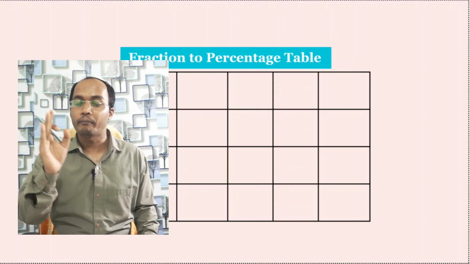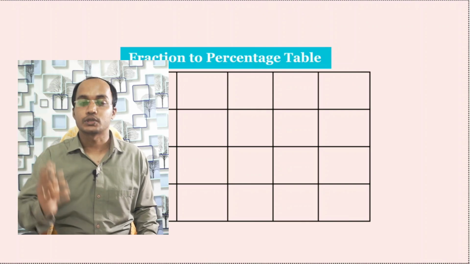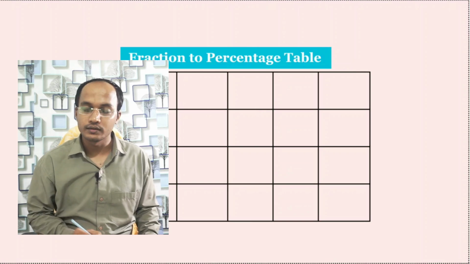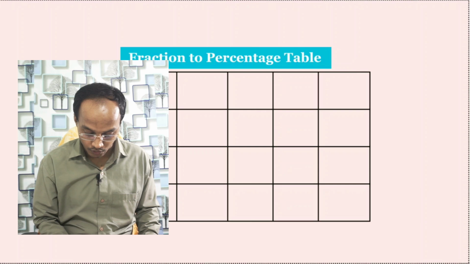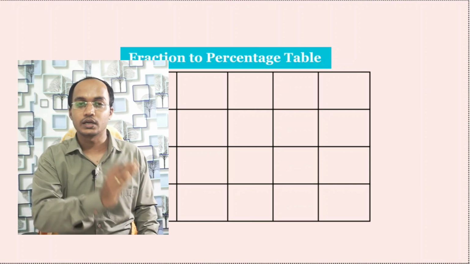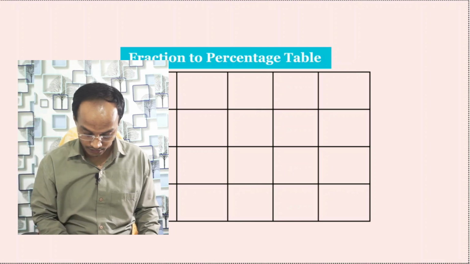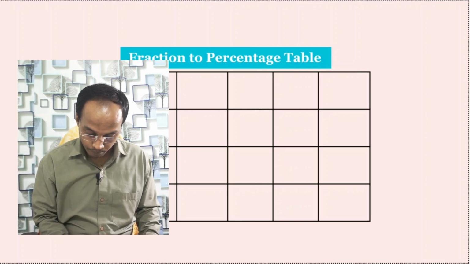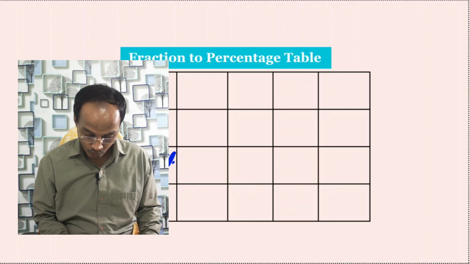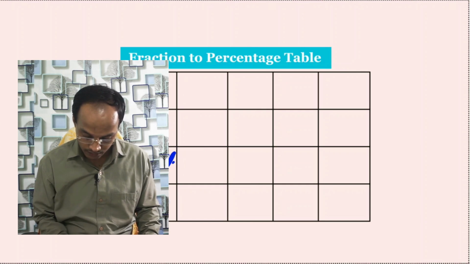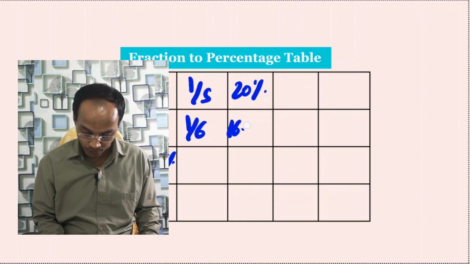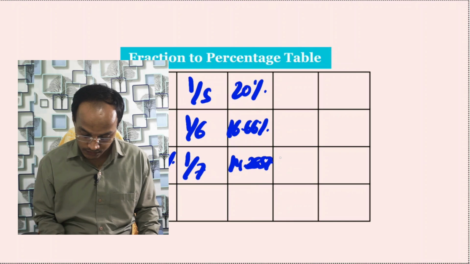Just remember this to make your percentage calculation much easier. Take the fraction 1. 1 will be 100% because to convert a fraction into percent we multiply by 100. 1 by 2 will be 50%. 1 by 3 will be 33.33%. 1 by 4 will be 25%. 1 by 5 will be 20%. 1 by 6 will be 16.66%. 1 by 7 will be 14.2857%. 1 by 8 will be 12.5%.